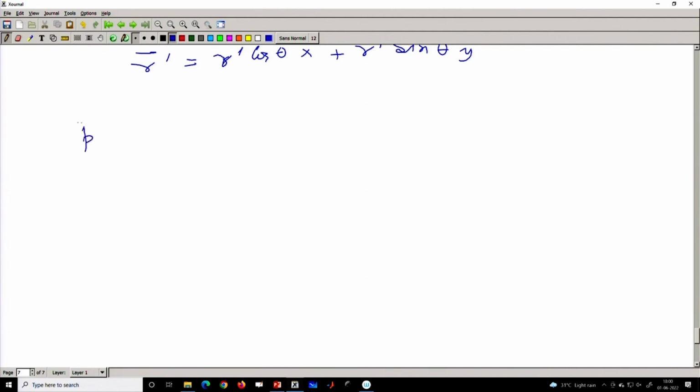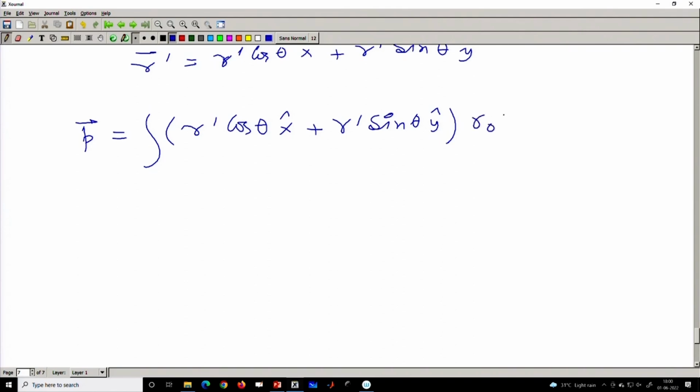So, P then is simply the integral of this. So, I have r prime cos theta x unit vector plus r prime sin theta y unit vector, and then I have the sigma r prime cos theta prime, that is the surface charge density, and then we have the surface element which is r prime dr prime d theta prime.